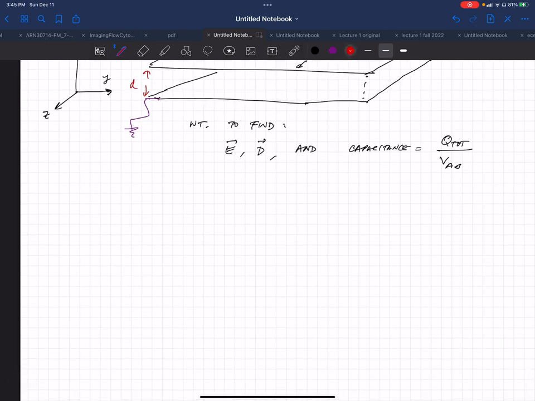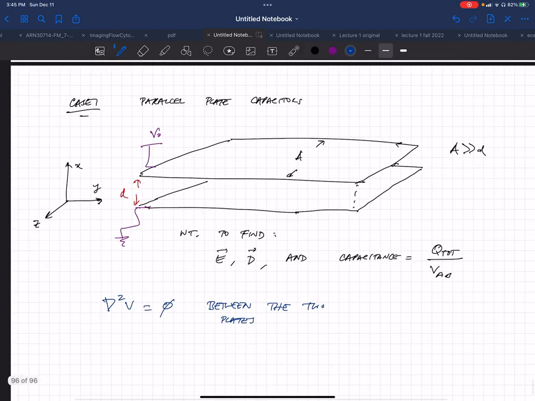Now we generally have Poisson's equation, where the Laplacian of the potential is zero between the two plates, because we're assuming the volume between the plates is filled with dielectric.